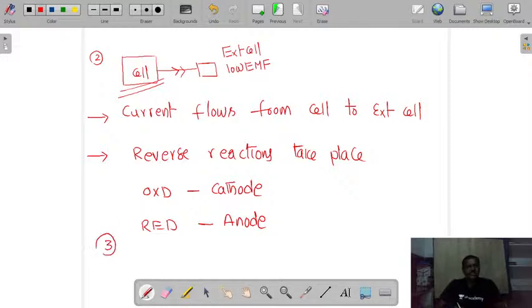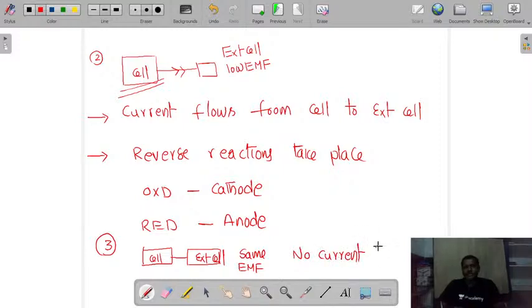And the third condition: if it is connected to an external source of the same EMF, that is, when both have the same EMF, then no current flows in any direction.